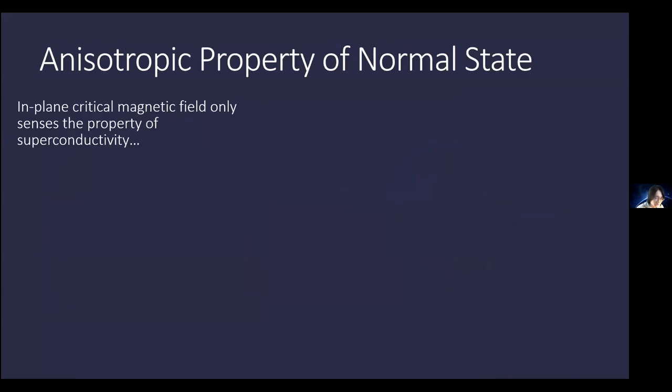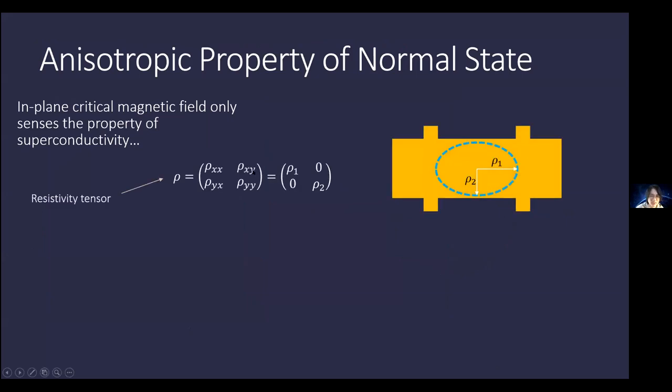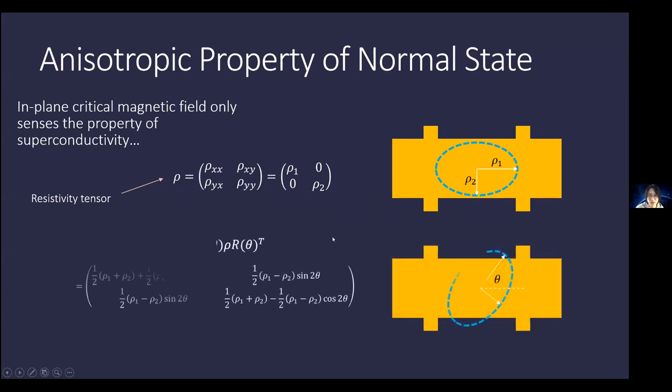In the normal state, the in-plane critical magnetic field cannot help us anymore, because in order to have a critical field, you first have to have superconductivity. So instead we try to measure the anisotropy in the resistivity tensor itself. The resistivity tensor is a two-component thing, but this is when the device direction is aligned with the principal axis of this anisotropy. If you are along a general direction, you have to rotate this by this formula, and it's quite complicated.